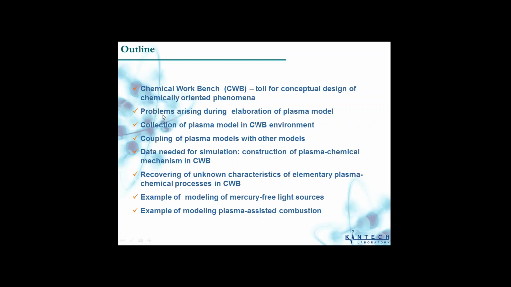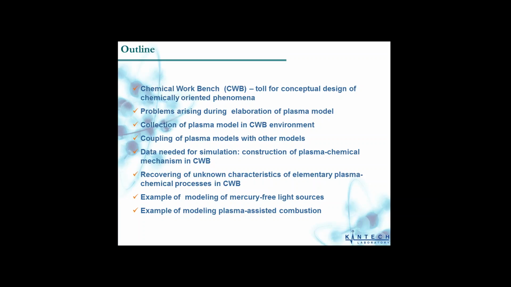We start from the enumeration of the problems we face when trying to elaborate a plasma chemical model. After that, we pay attention to the collection of plasma models which we have inside of our code, and the coupling of the plasma model with another model.